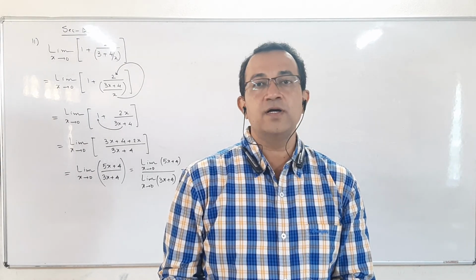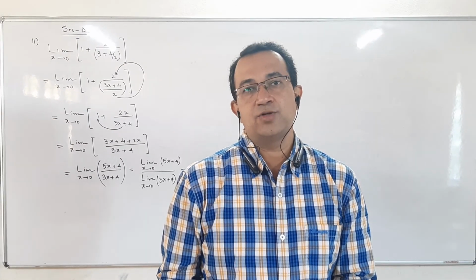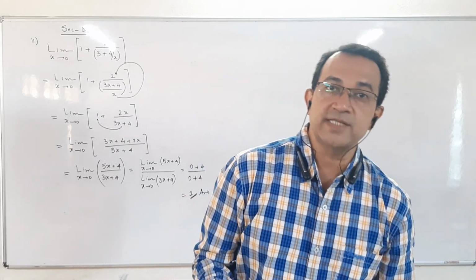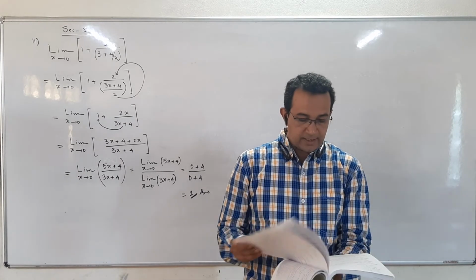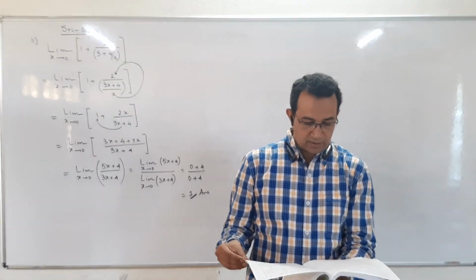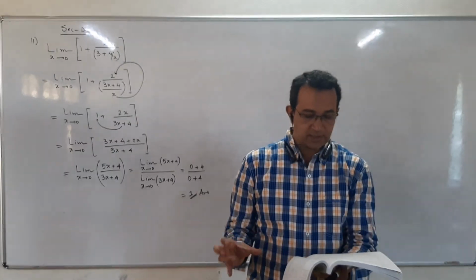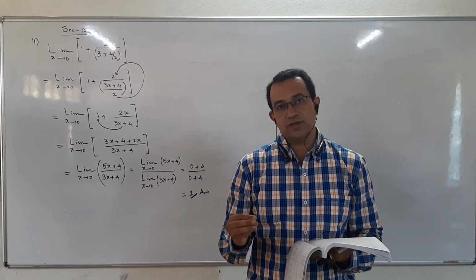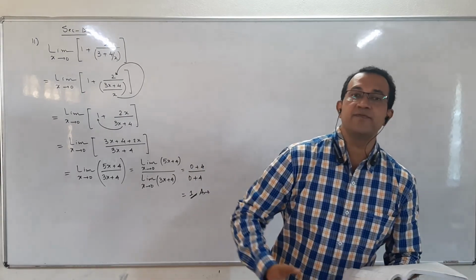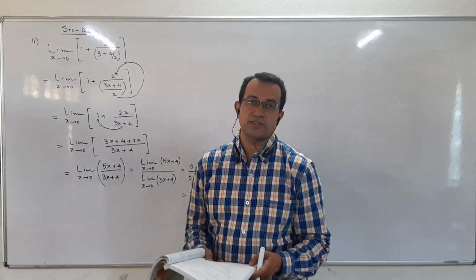Define limit of a function. I told you that here you have to write the second definition, students, the definition of limit of a function which is given on page number 146. Here I tell you, if you don't understand, simply mark the definition, because this definition has no implication with the sum.